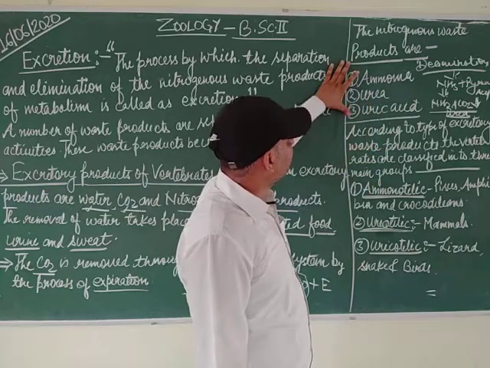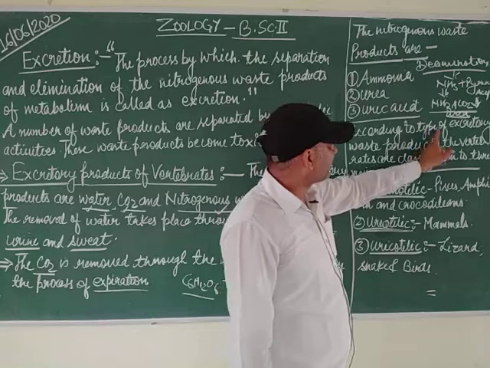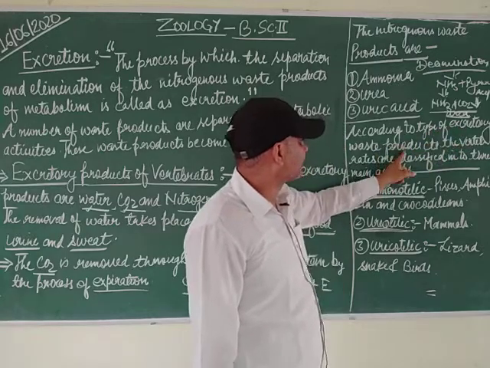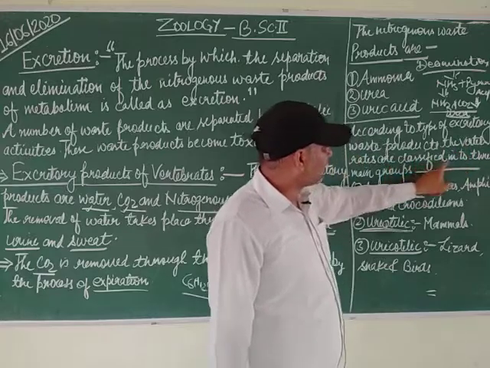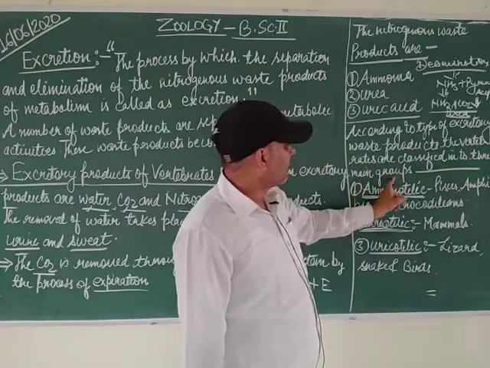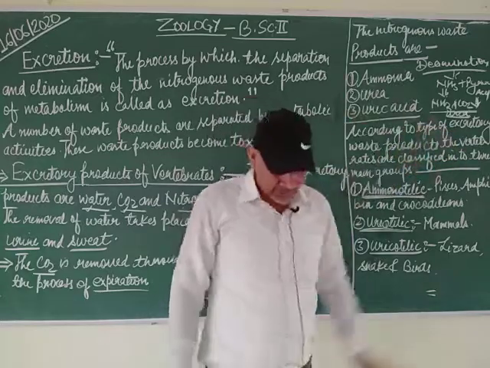On the basis of these nitrogenous waste products, the vertebrates are classified into three main groups according to the type of excretory waste product.